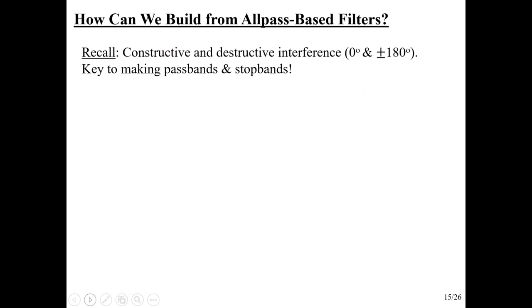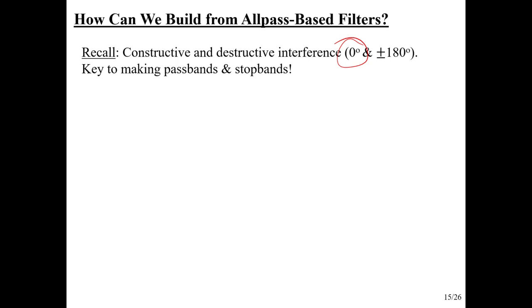So it's all about the phase, remember, for all pass, and phase is something that can create constructive and destructive interference. So if we put in a sinusoid, and that sinusoid has a frequency where the phase shift going through the filter is 0 degrees, then the input and the output are going to be in phase. And if we were to add those together, they would constructively interfere.